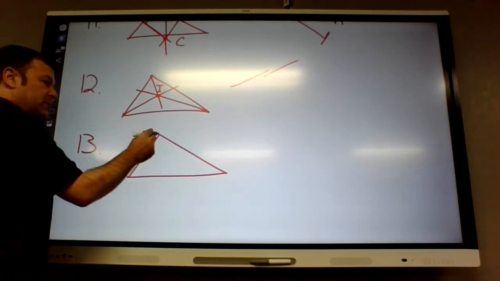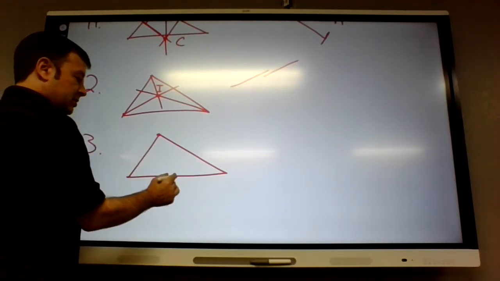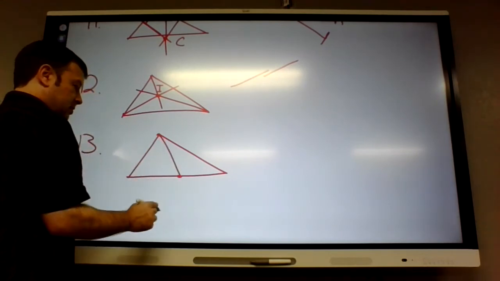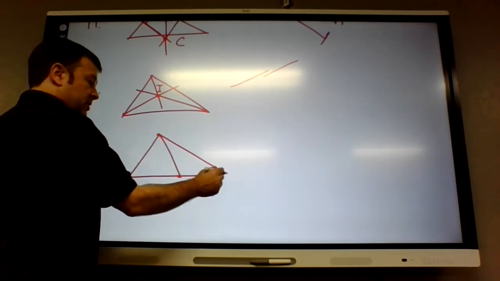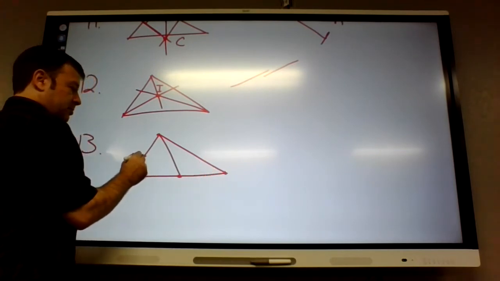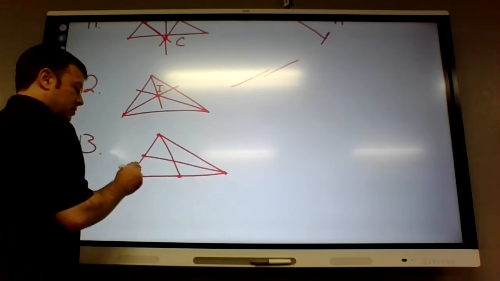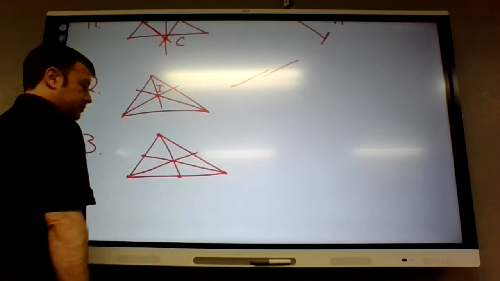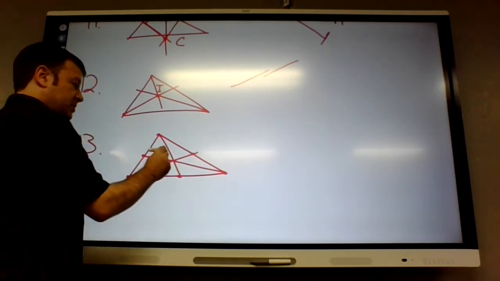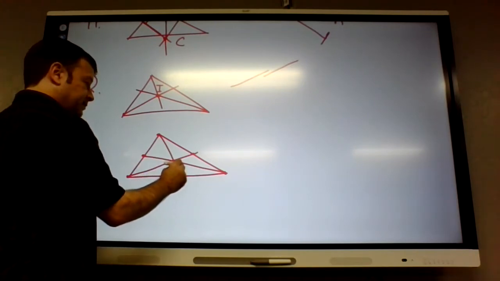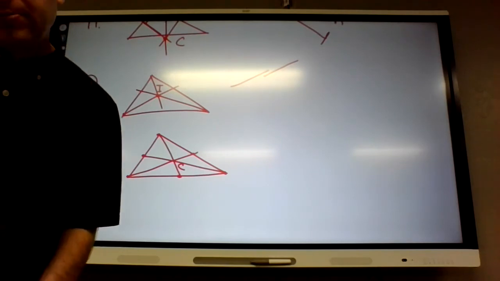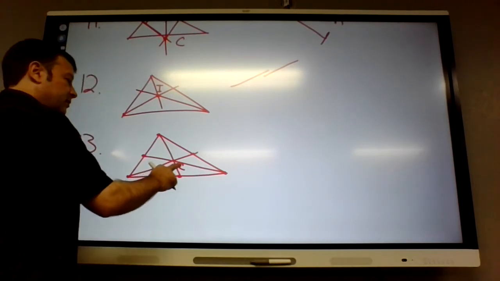So from the vertex to the middle. Probably supposed to put C for centroid, I imagine. Nope, G for centroid. They threw a curveball on me.